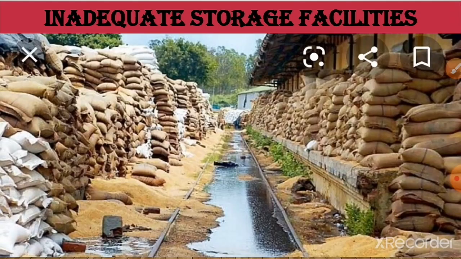The next problem is inadequate storage facilities. Storage facilities in the rural areas are either totally absent or grossly inadequate. Under such conditions, the farmers are compelled to sell their products immediately after the harvest, irrespective of the condition of the market.